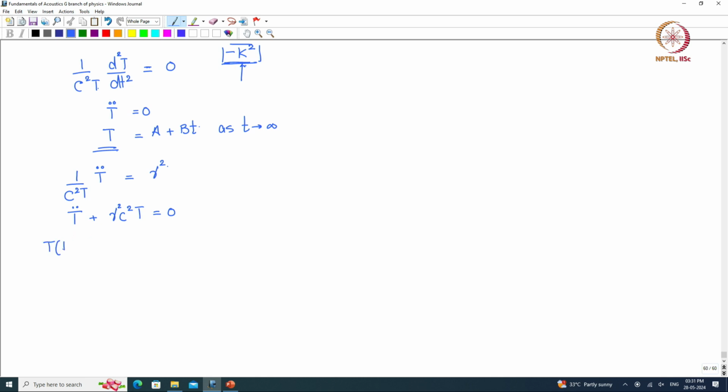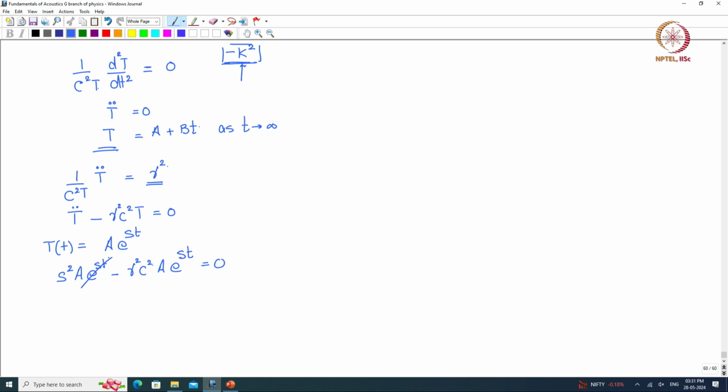I assume that T of t is some a e to the power st. Then double dot gives me s square a e to the power st minus gamma square c square a e to the power st equal to 0.